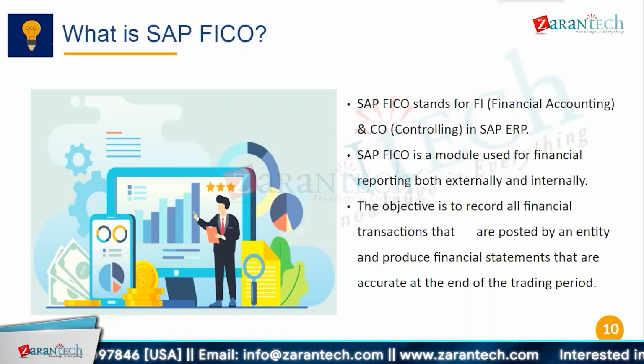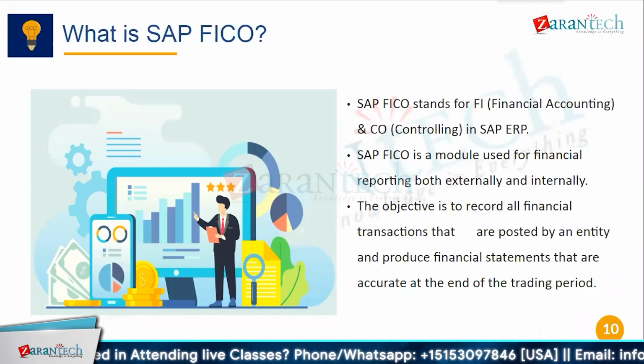That's the information you give the shareholders. This is the information you give the sales tax office. This is the information generated for income tax purposes. Controlling is basically internal reporting which the management needs to make decisions.